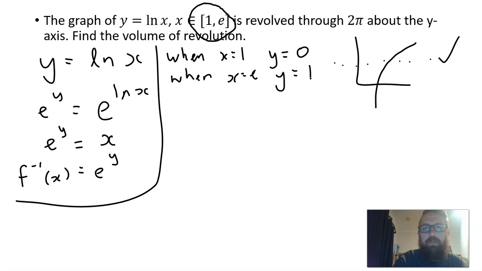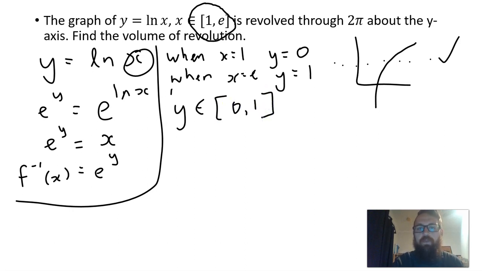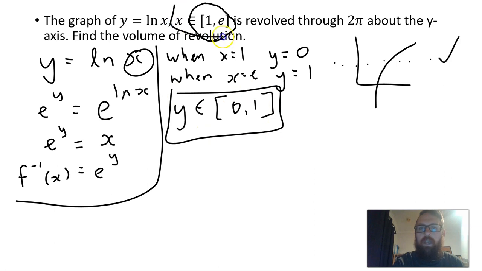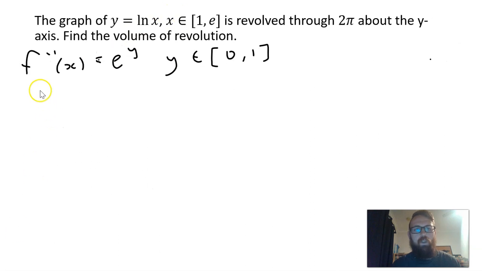Again, we're just substituting that in. So we're going to rotate the function for y in the set 0 to 1. That's something else we have to change: if you've got it in terms of x and you're rotating around the y-axis, you've got to get it in terms of y. So our inverse is e to the y, and y exists between 0 and 1.